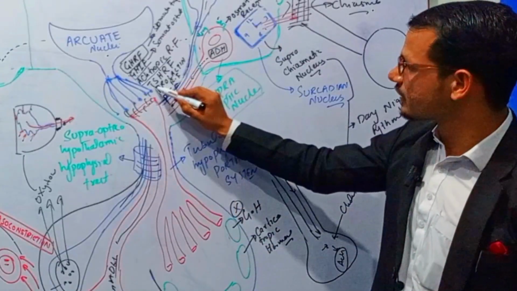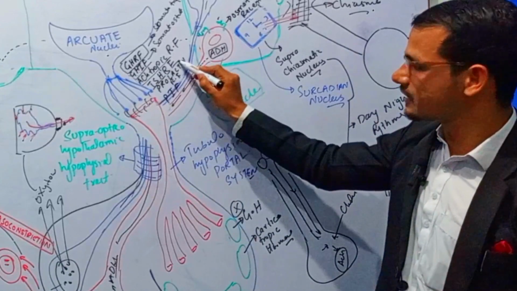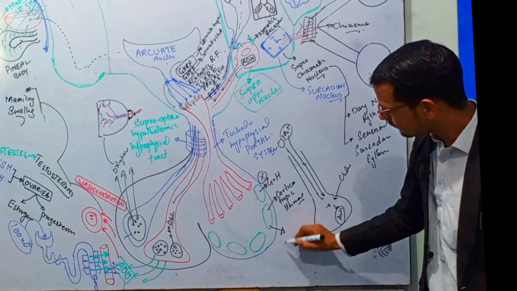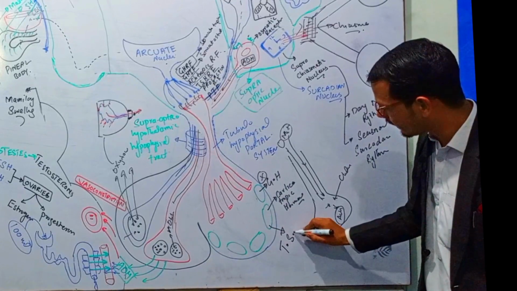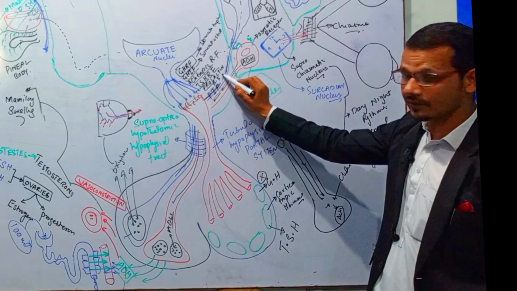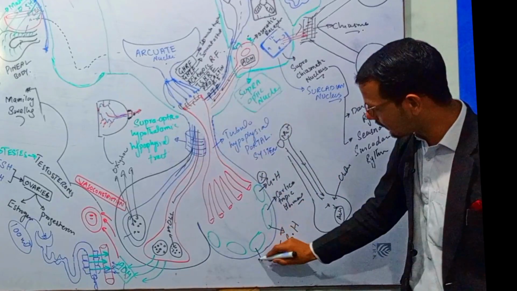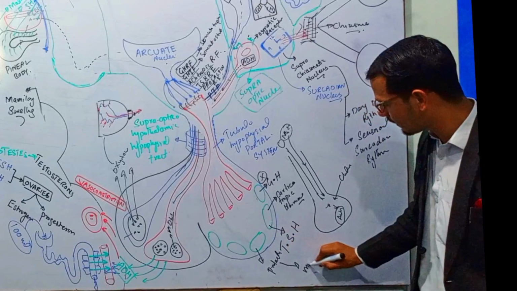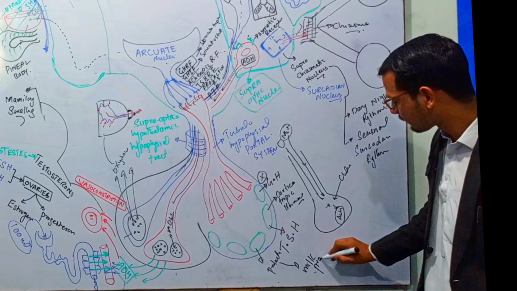For example, it produces thyroid stimulating hormone releasing factor, which will release thyroid stimulating hormone. When prolactin releasing factor is produced, it will produce prolactin. What is prolactin? Prolactin is responsible for milk production.